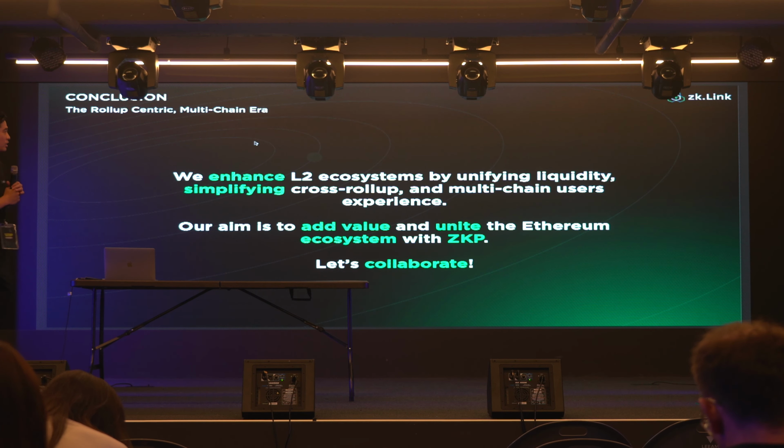In conclusion, what we're trying to achieve is to enhance the layer 2 ecosystems by unifying liquidity and simplifying user experience across rollups. We believe the future of crypto trading will be rollup-centric and also multi-chain.